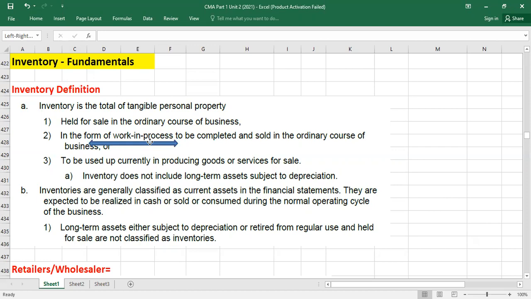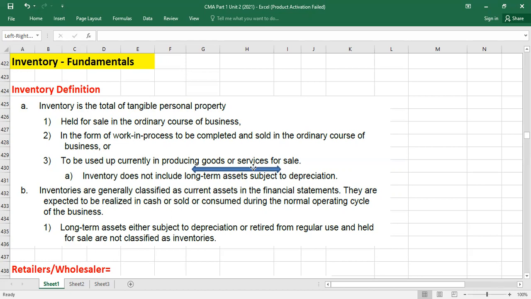Third point, inventory could also include those items which we will use currently in producing goods or services for sale. For example, you might have raw material which you will utilize, which you will consume to manufacture the product. So those consumable items, materials, or certain other consumable items are also treated as your inventory.